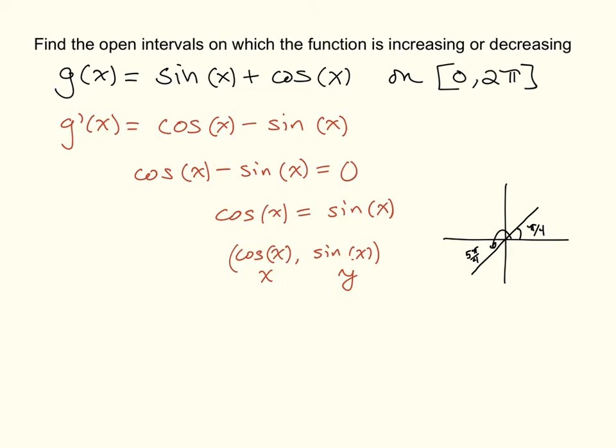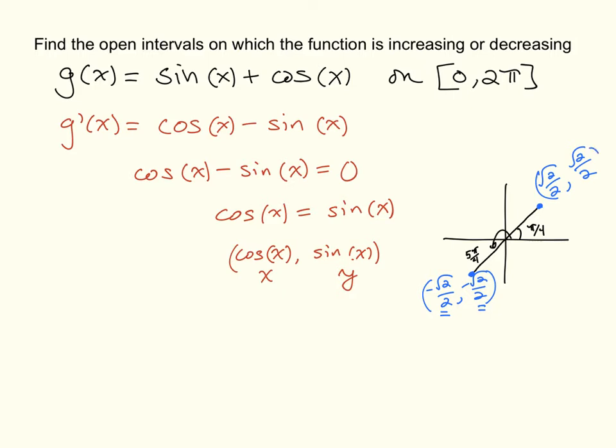The coordinates on these points of the unit circle for the angle 5 pi over 4 is negative square root of 2 over 2, comma negative square root of 2 over 2. So the cosine and the sine coordinate are exactly the same. At pi over 4, this is square root of 2 over 2, comma square root of 2 over 2.